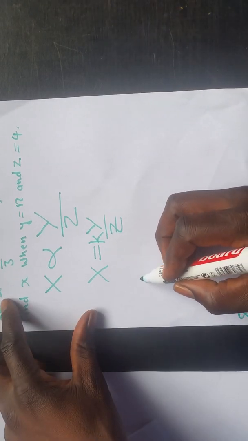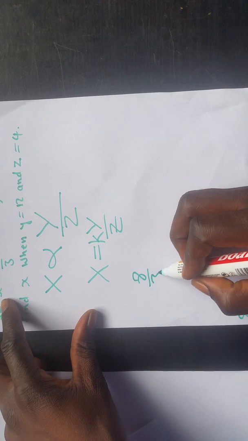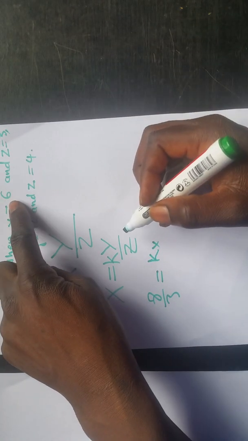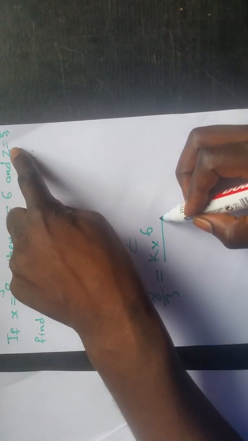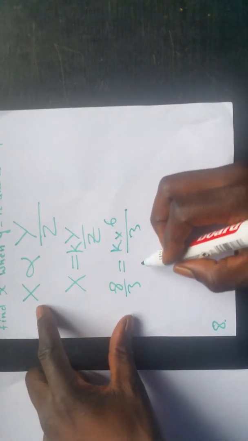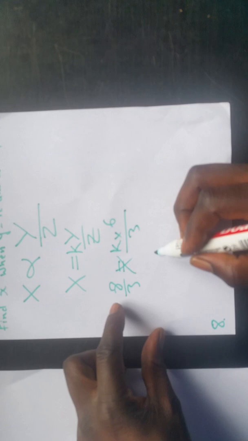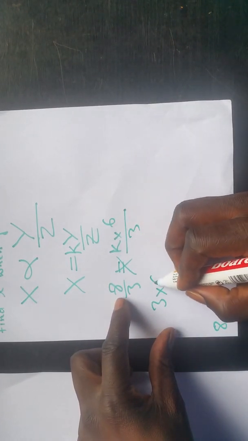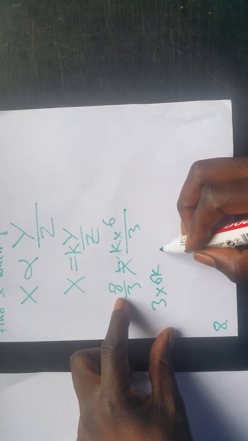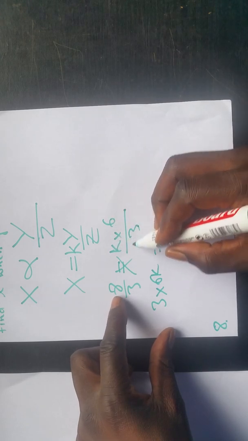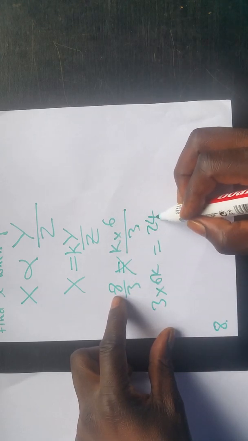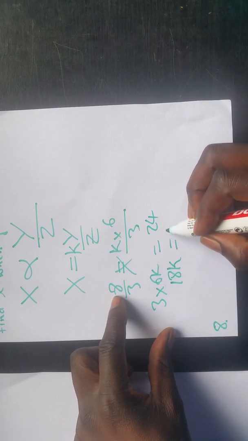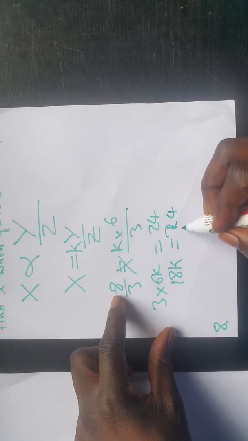So our x is 8 over 3, which is equal to k multiplied by y, where y is 6, over z, where z is 3. We cross and multiply. We have 3 multiplied by 6k, and 6 times k is 6k. Then we have 3 multiplied by 8, which gives us 24. So here we get 18k is equal to 24.